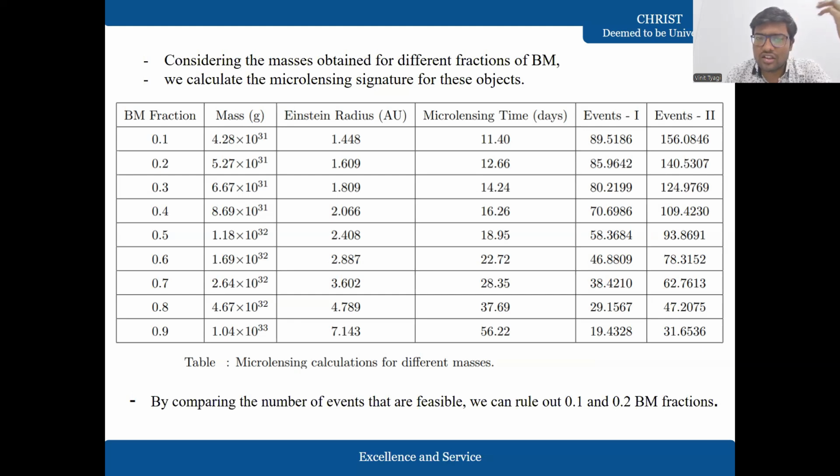Events 1 is using the event rate equation, and events 2 is using the optical depth. So we come to the fact that the 0.1 and 0.2 fractions can be ruled out. It does not match the observational data. So we consider the 0.3 to 0.9 baryonic matter fraction for our next step.